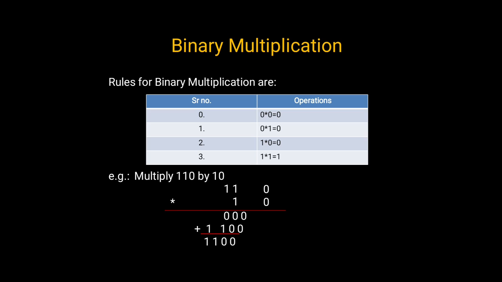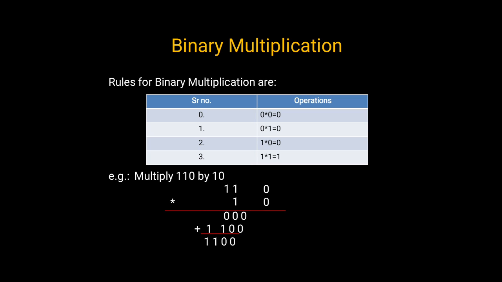Next one is binary multiplication. The rules for binary multiplication are very simple. 0 into 0 is 0, 0 into 1 is 0, 1 into 0 is 0 and 1 into 1 is 1. Simply you can multiply as per arithmetic multiplication. Multiply 110 by 10. So here 110 multiplied by 0.